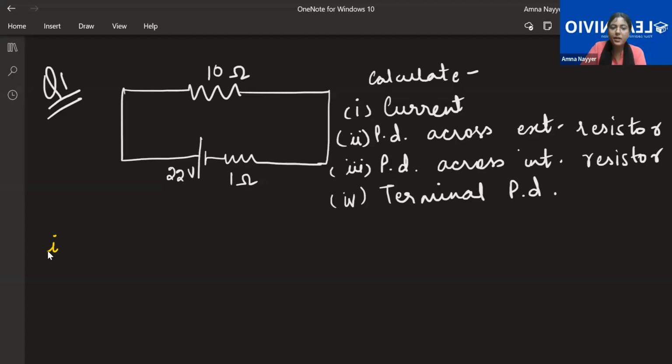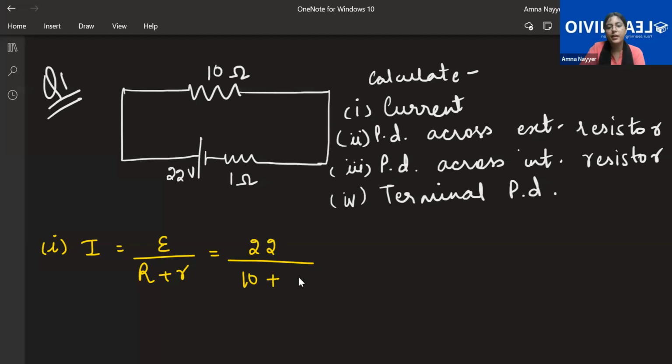In the first part, calculate the current: the EMF is given, so the current is the EMF divided by the external resistor plus the internal resistor. EMF is 22, external resistor is 10, internal resistor is 1. That becomes 22 by 11, that is 2 amperes.